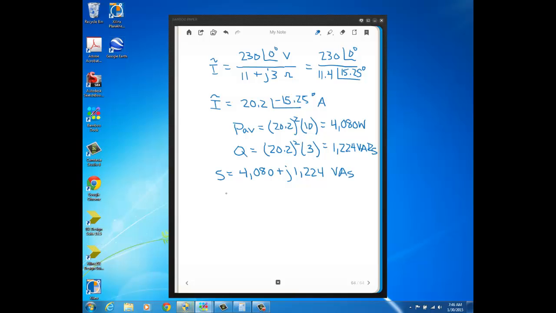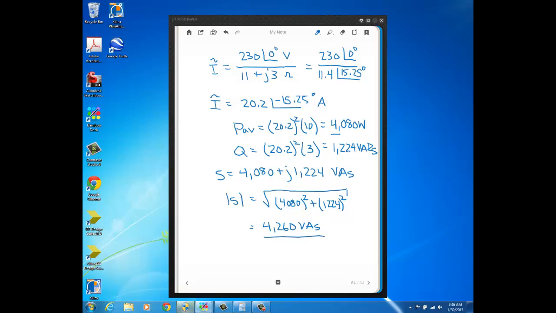And now to get apparent power, I just do the square root of the sum of squares, so 4080 squared and 1224 squared. You work out those numbers and the apparent power comes out to 4,260 VAs.